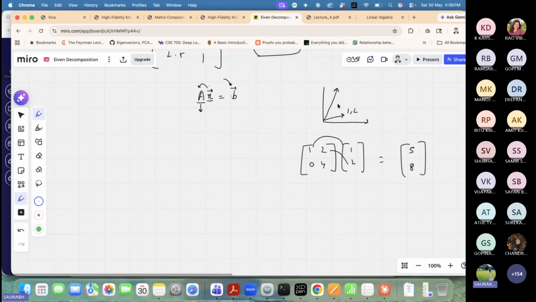So you are getting to a new point, which is (5, 8). Then that's what you see, right? So this matrix basically is transforming this vector to a new point, or in a way you can think of it as applying some force on this vector such that it gets to a new position.